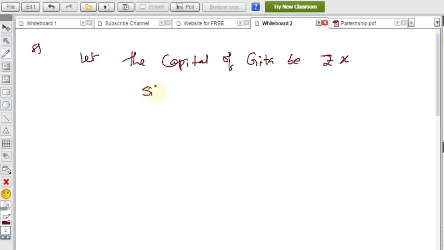Then Sita's capital is X plus 700, because it is 700 more.